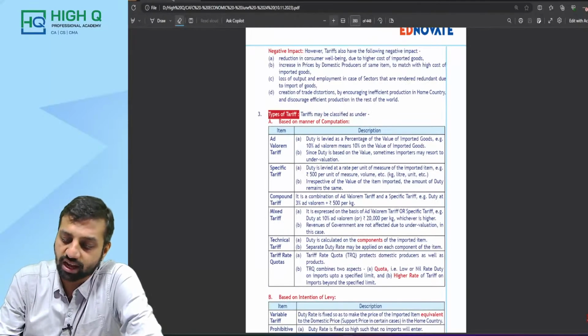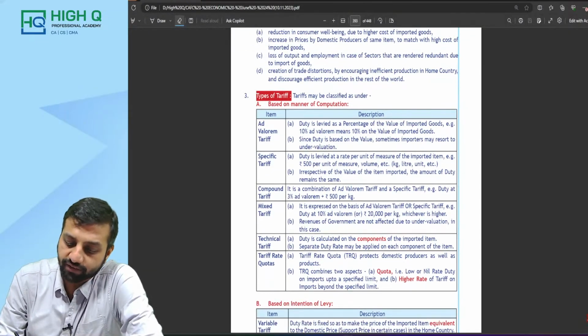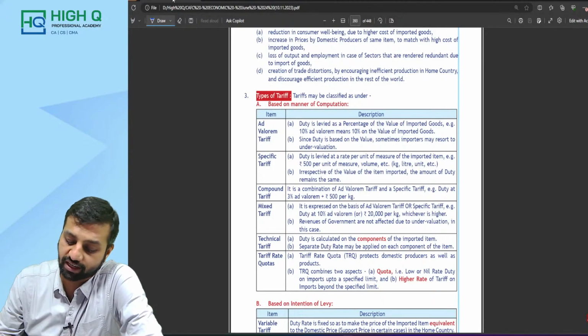So in the notes that we have provided, we have given detailed explanation of every type of agreement.